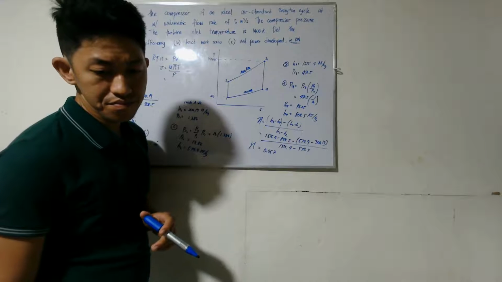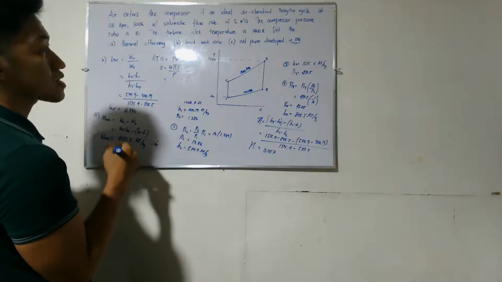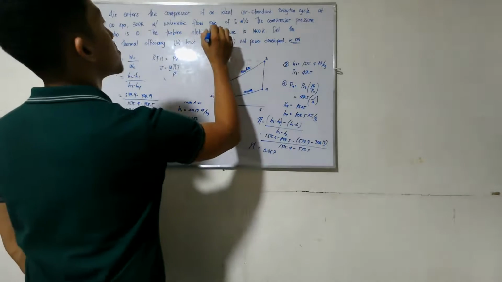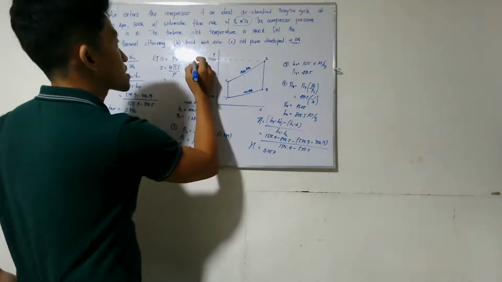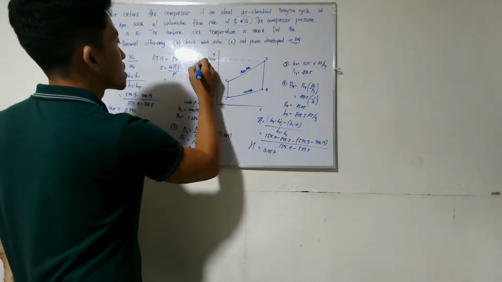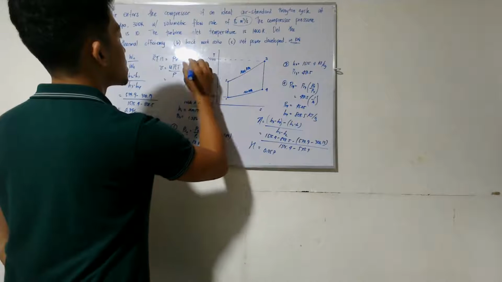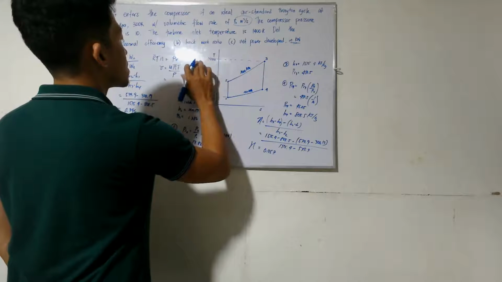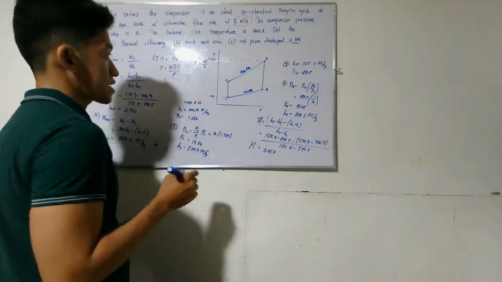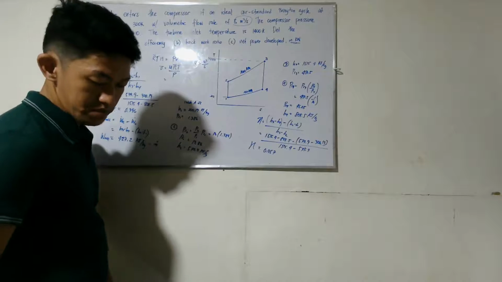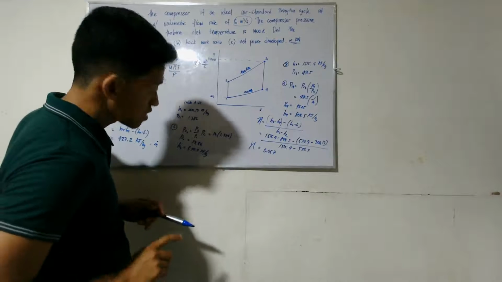So, since you're given a volumetric flow rate, the volumetric flow rate is just in m cube per second. Okay?